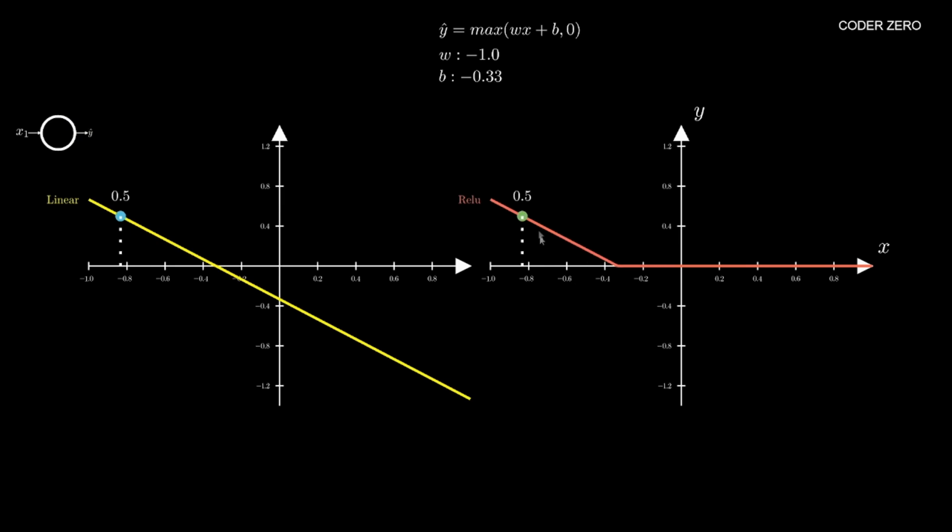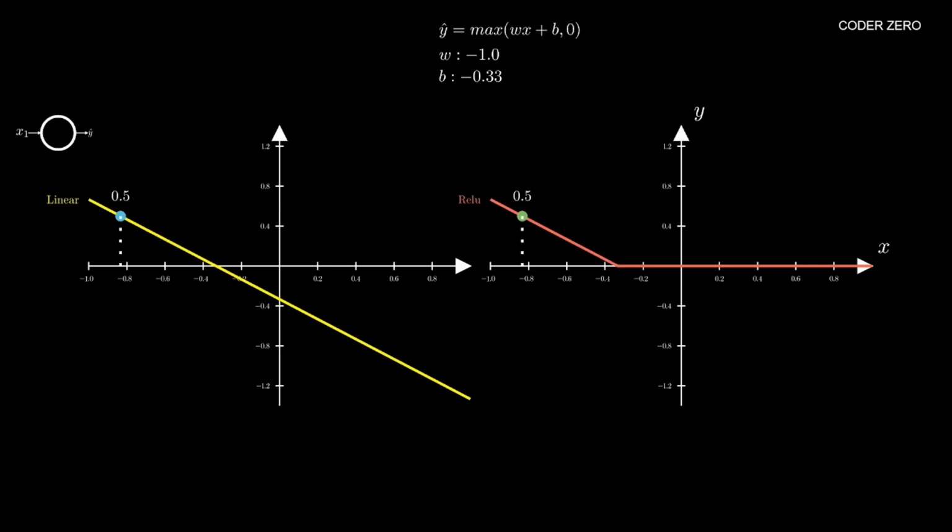One thing to notice here, no matter which combination of weight and bias we take, we cannot move this graph from the x-axis. So this is one limitation of ReLU when we are using ReLU on a single neuron.